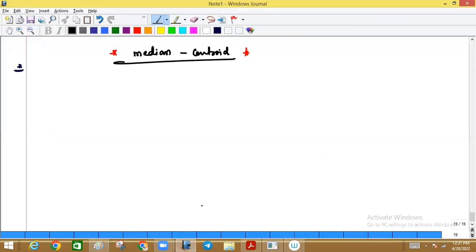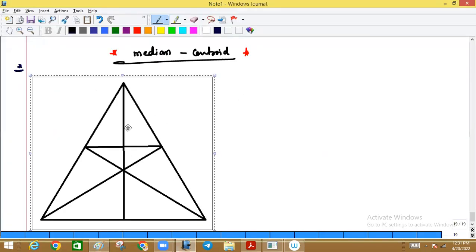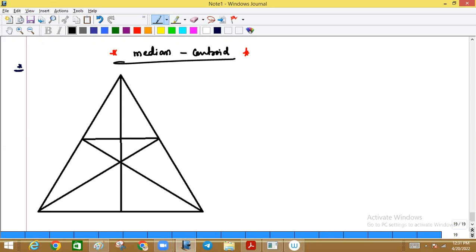So you tell me. Naming it as A, B, C, D, E, F. What are D, E, F? Midpoints. First, look at triangle ADC.